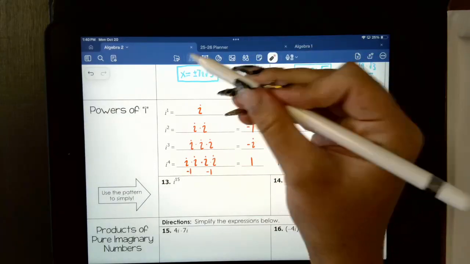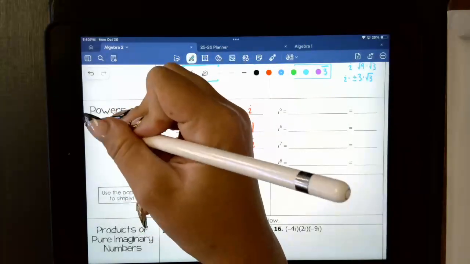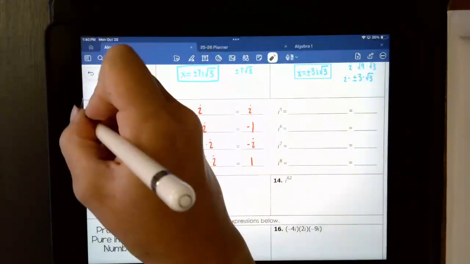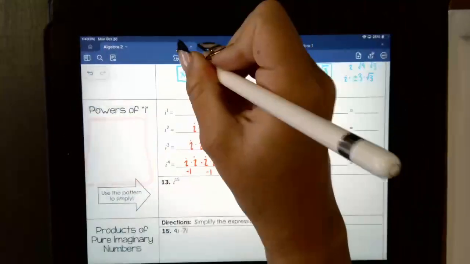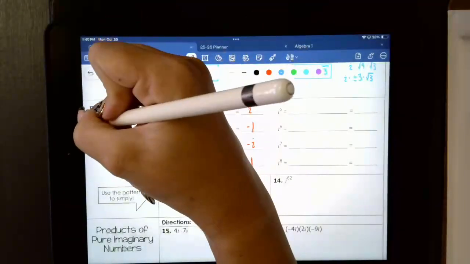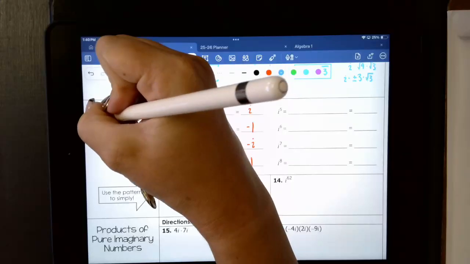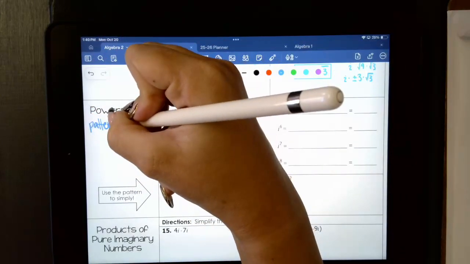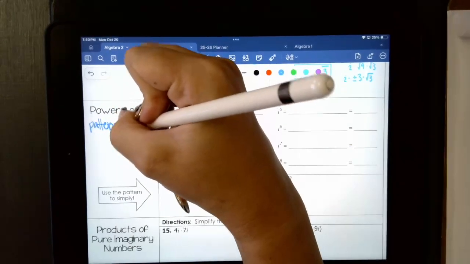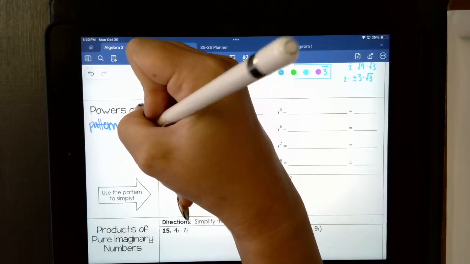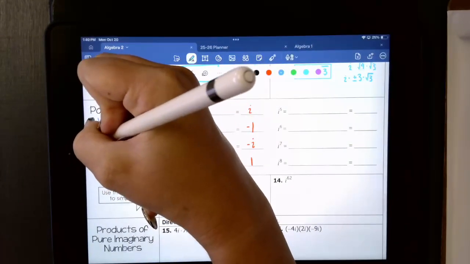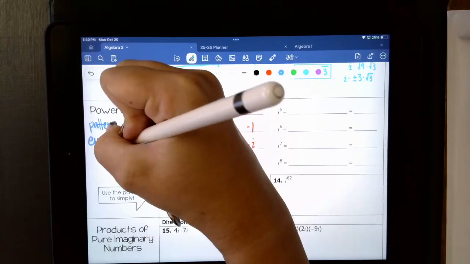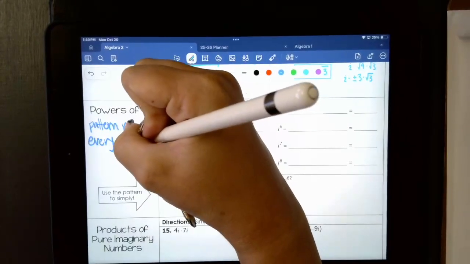Okay, so over here in this little section right here, you are going to write the pattern. Pattern repeats every 4 powers.